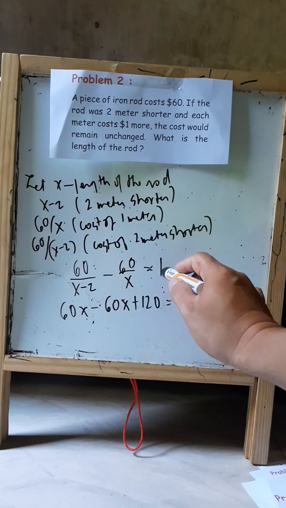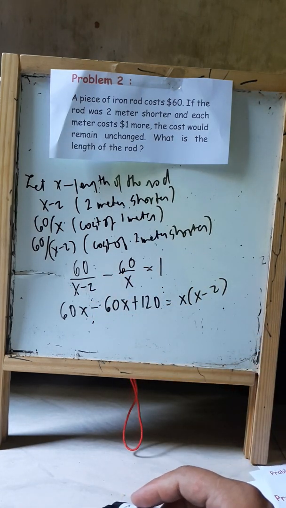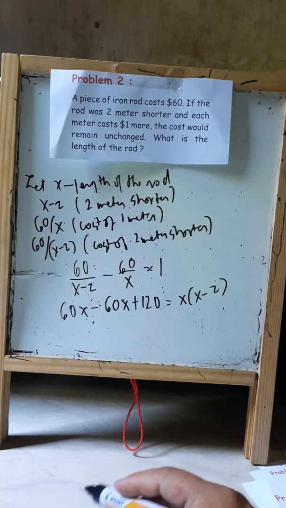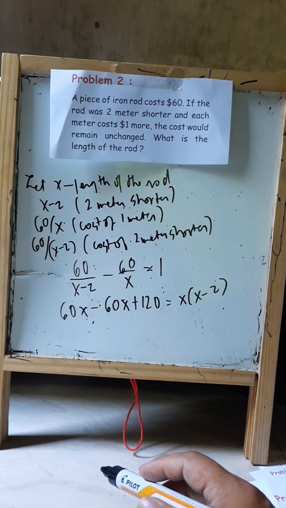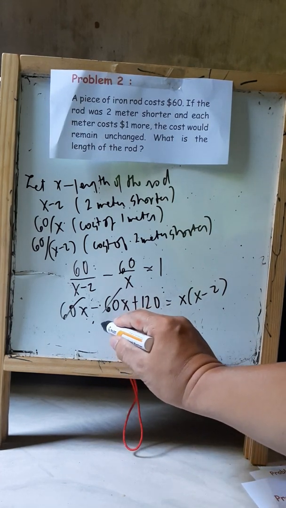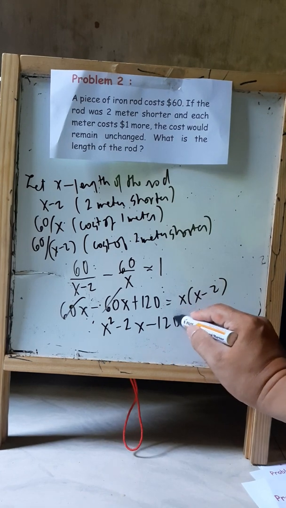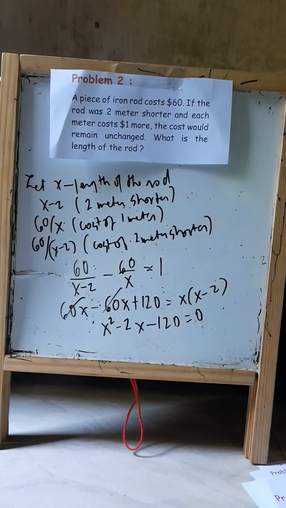And the 1, we multiply it by the product of x and x minus 2. So from here, things cancel, then we have x squared minus 2x minus 120 equals 0. So that is now the quadratic equation that we're going to solve.